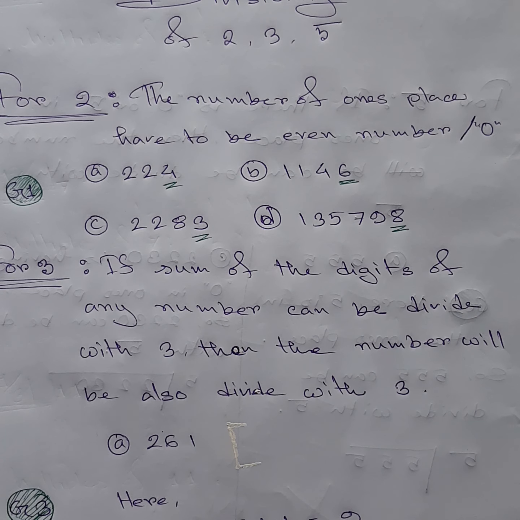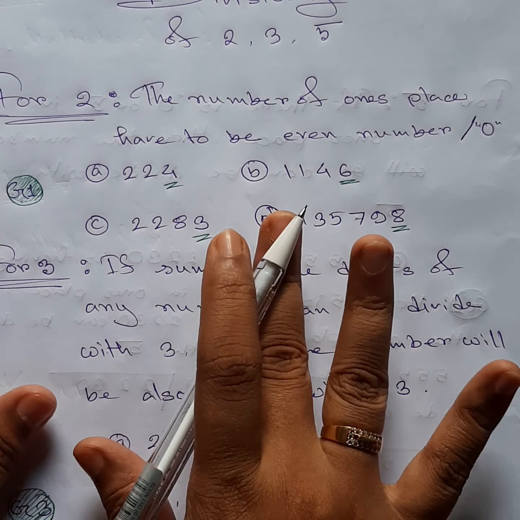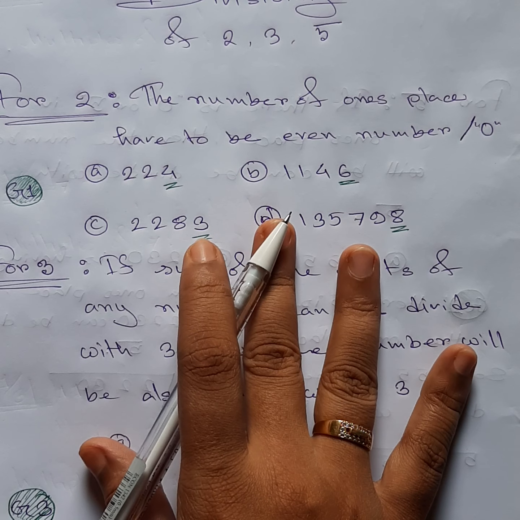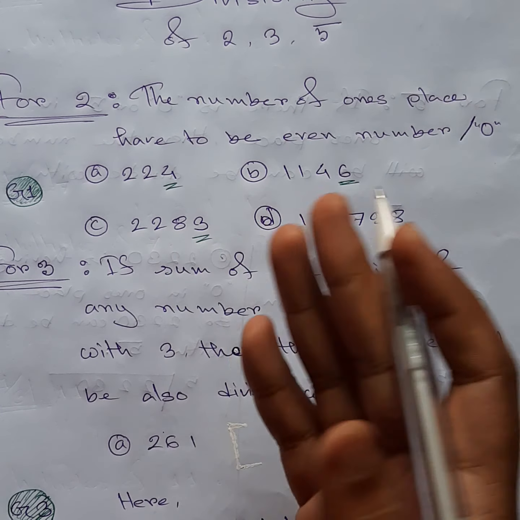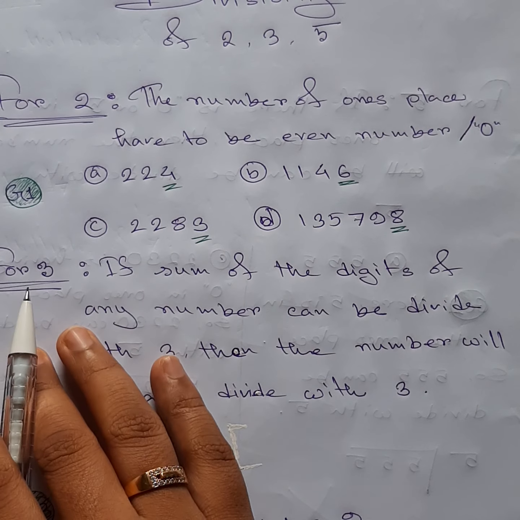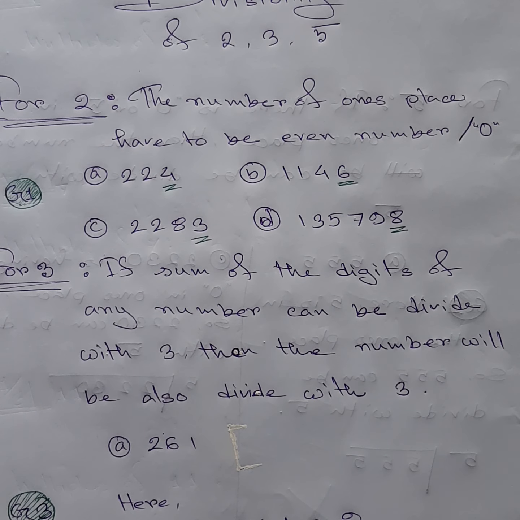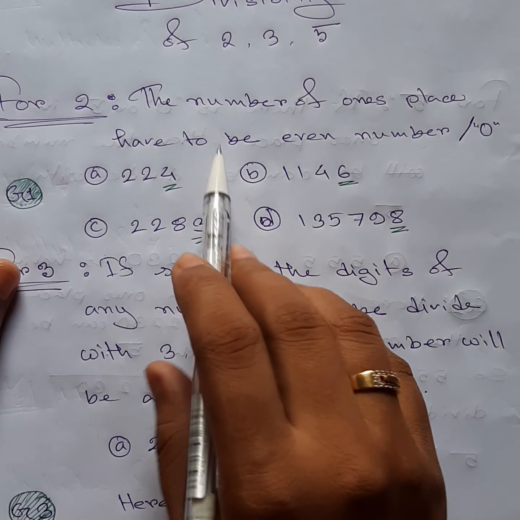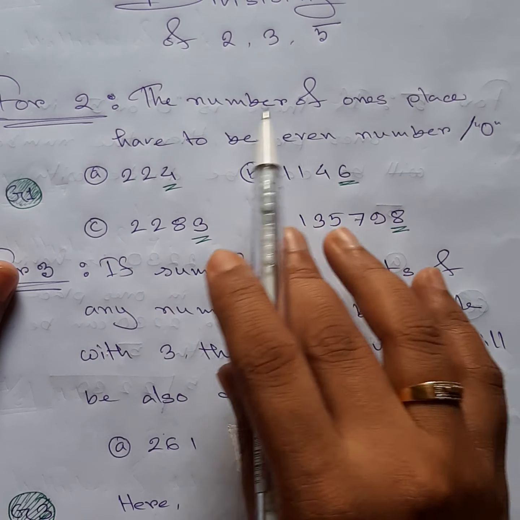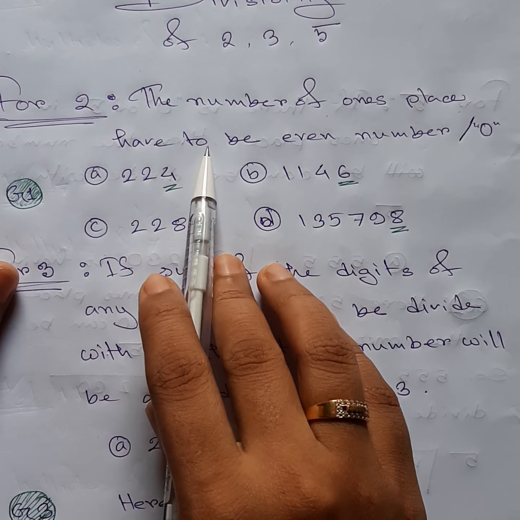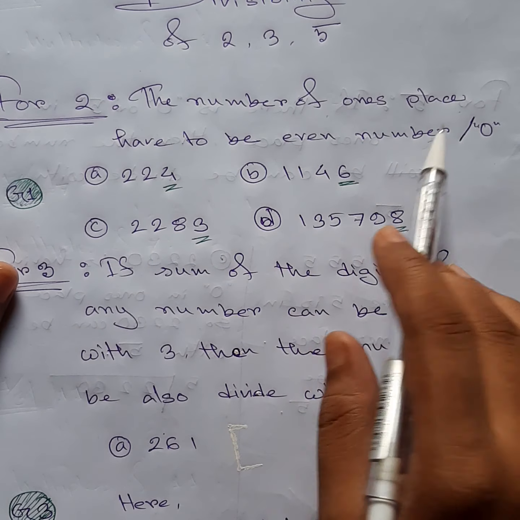Now I want to tell you something apart from the book. In the book you have learned that the ones place should be a multiple of 2. In my easy way, the way I have always preferred to teach my students, the number in the ones place has to be an even number or 0.